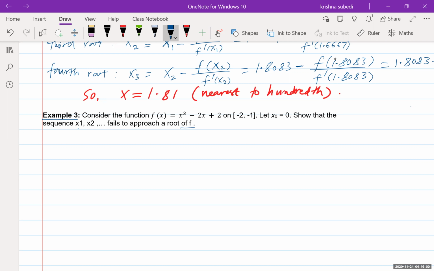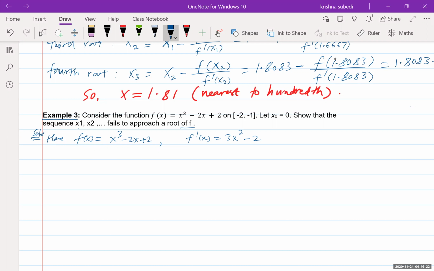Now we'll show this. Here, f of x is given to be x cubed minus 2x plus 2. You can find the derivative, which is 3x squared minus 2.